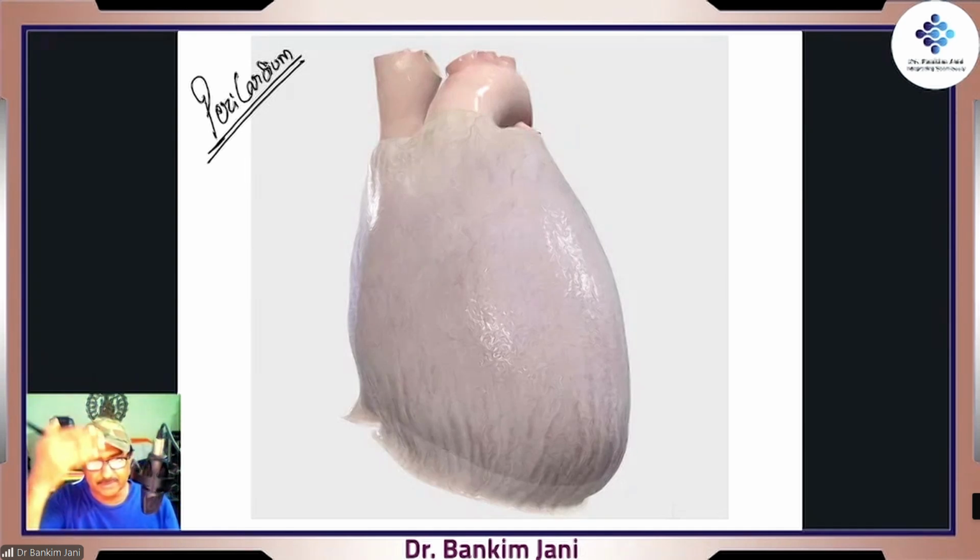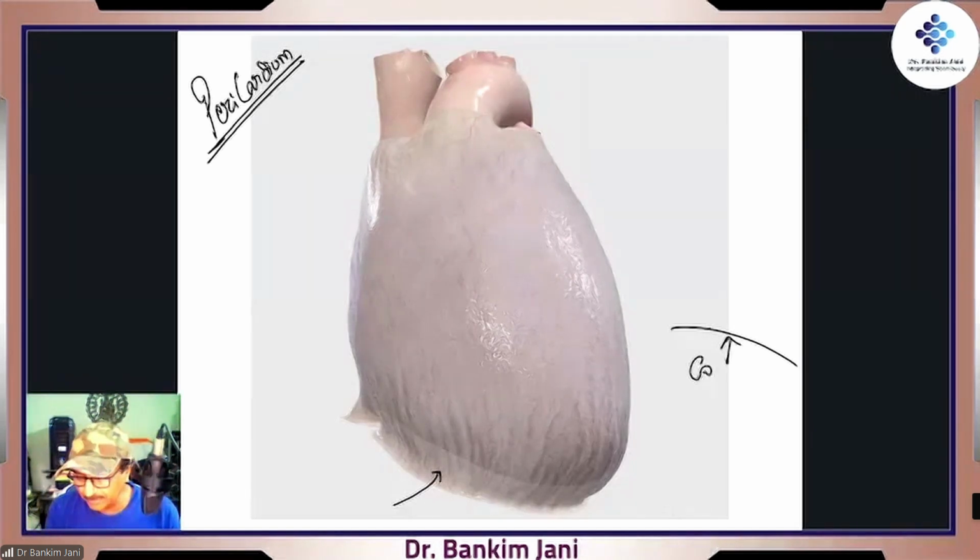This pericardium, this entire layer, merges with one very important layer. We know that over here the diaphragm is there, right? In the anatomy of abdomen, when we see the diaphragm like this, centrally there is a tendon.